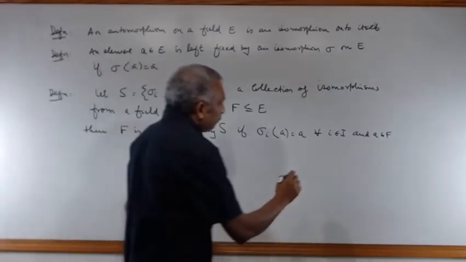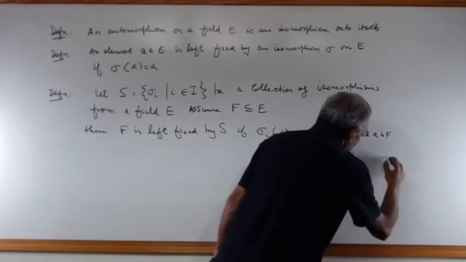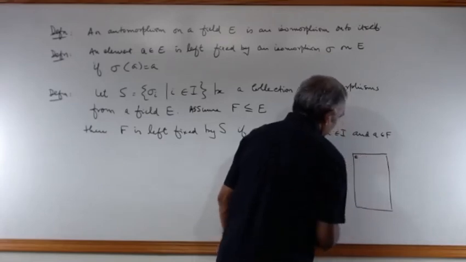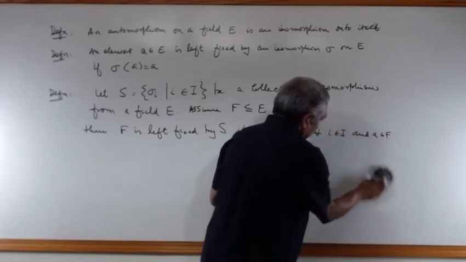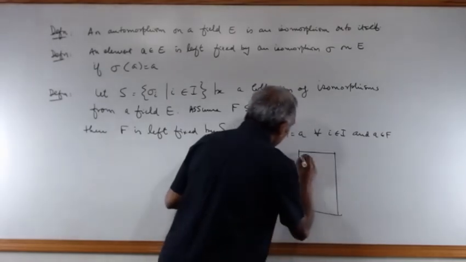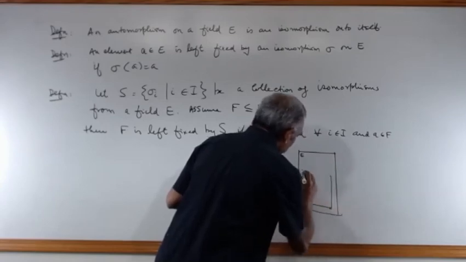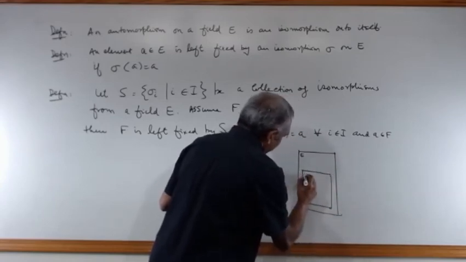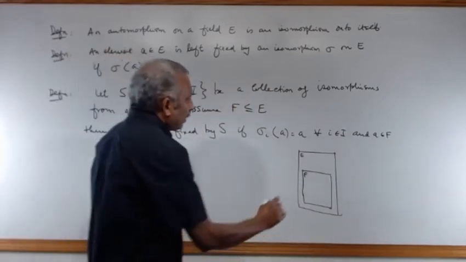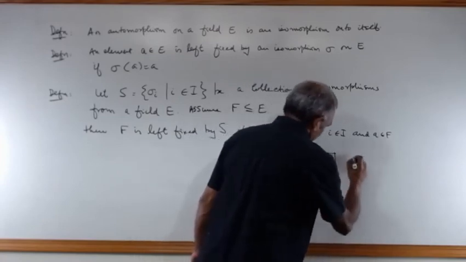That means there is a field E here, and there is a subfield F here, and there are a lot of isomorphisms going from here to some other field.